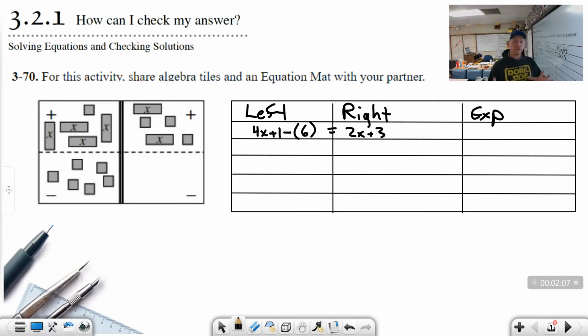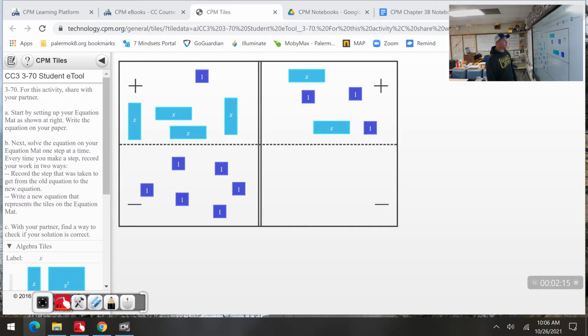Now, we taught 5 legal moves in chapter 2, and it's time to revisit those. Remember, the first legal move we always look for is a zero pair. A zero pair is when we have a tile matched with a tile that are opposites.